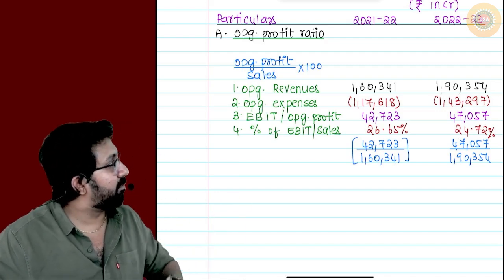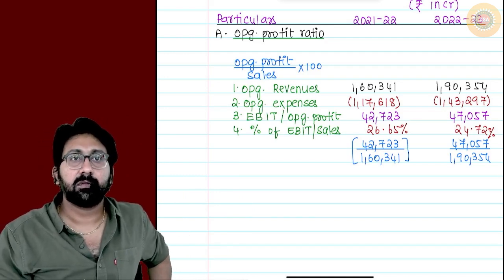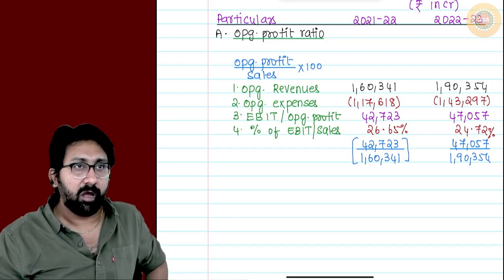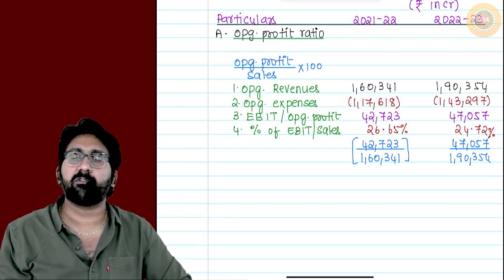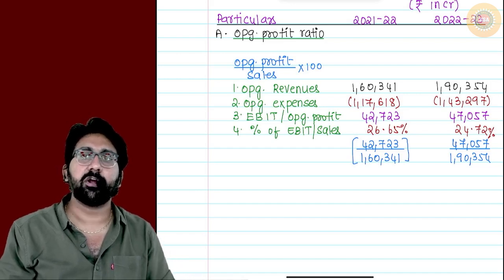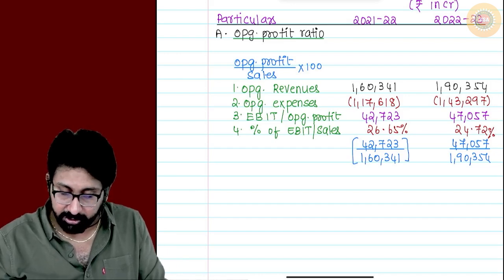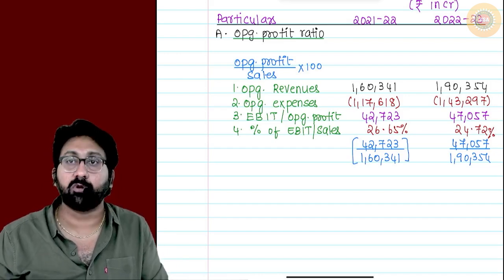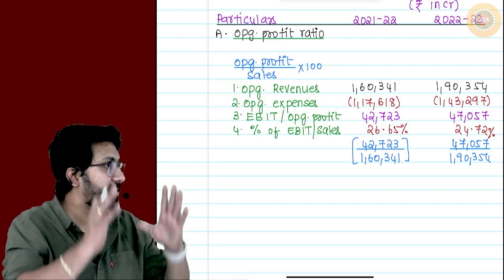Technically last year amount is more, percentage is less. Correct or not? So on an intra-firm comparison, tell me, performance of the company over a 1 year period, increased or reduced? Increased. So sorry, it is reduced. 26.65 has come to how much? 24.72. Numbers you don't see, percentages you see.